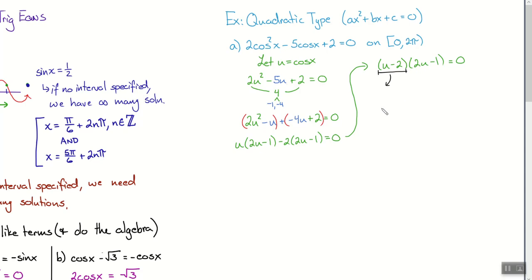I would switch it back. I know that this one is telling me the cosine of x minus 2 is equal to 0, and I know that this one is telling me 2 times the cosine of x minus 1 is equal to 0.